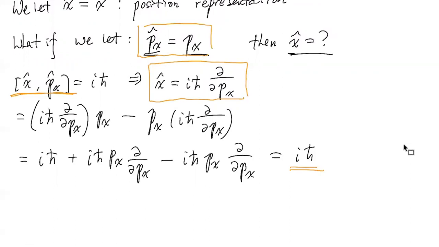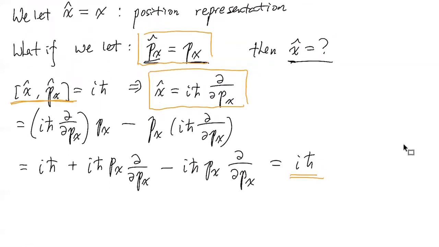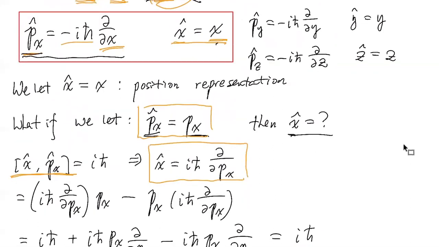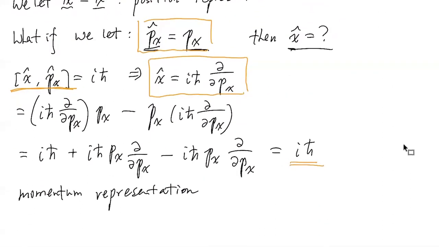And this is called momentum representation. So in the position representation, x simply is the x function itself, and px is negative iħ d/dx. But in the momentum representation, px is simply the px function itself, and x becomes positive iħ d/dpx.